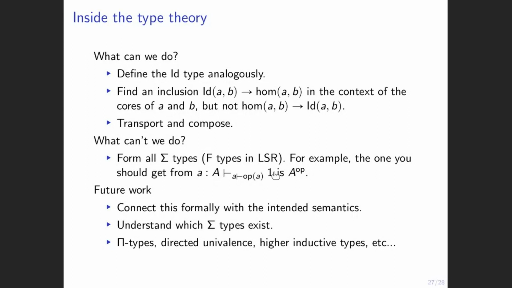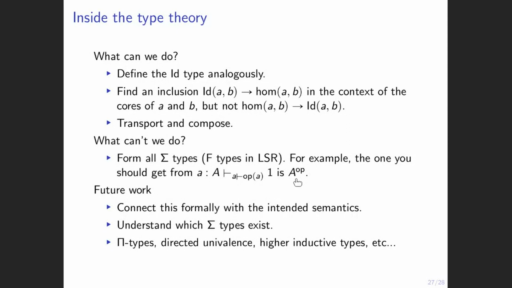So for example, if you took the sigma type of a judgment like this, where this is just the trivial type with just one term and no interesting directed or undirected paths, then you would get A op itself.